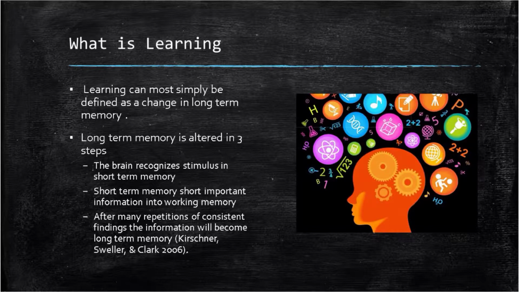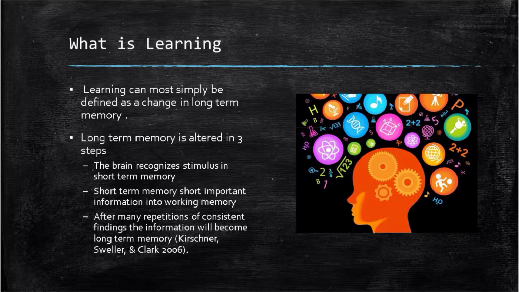So in order to determine whether problem-based learning is an effective teaching strategy, we need to define what learning is. Learning can most simply be defined as a change in long-term memory. And in order to change long-term memory, 3 steps need to happen. The brain must recognize stimulus in its short-term memory, and short-term memory is usually just a few bits of information, usually around 7, but as low as 3 or 4.